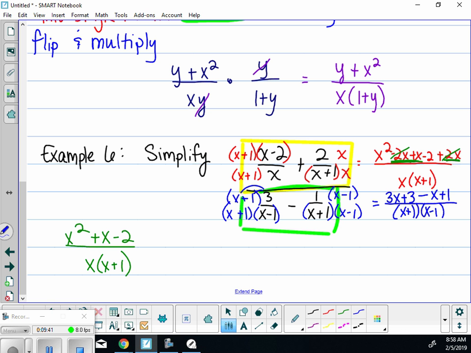So when I rewrite this, remember I have the red here divided by the blue. When we divide, we can turn it into flip and multiply, right? So I'm going to multiply by, flip this, so now my denominator, my x plus 1, x minus 1, is going to be on the top.